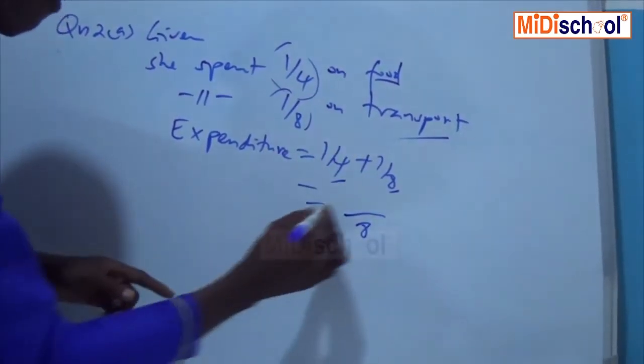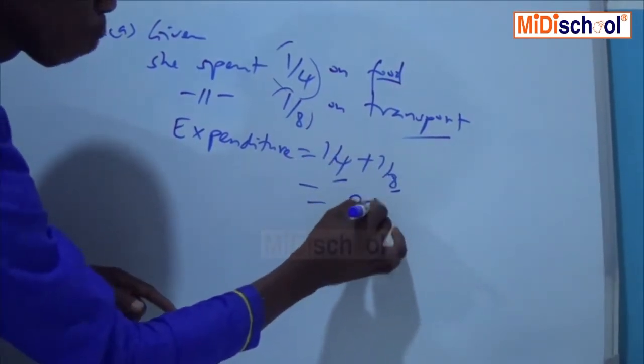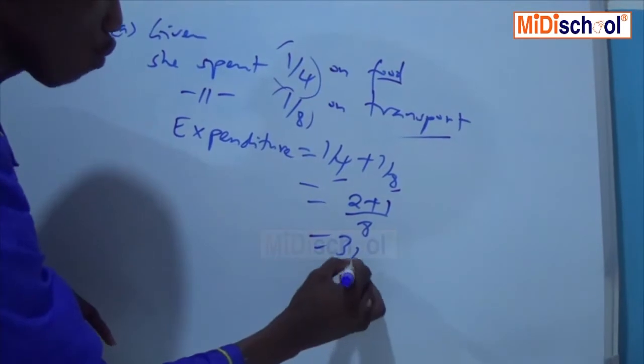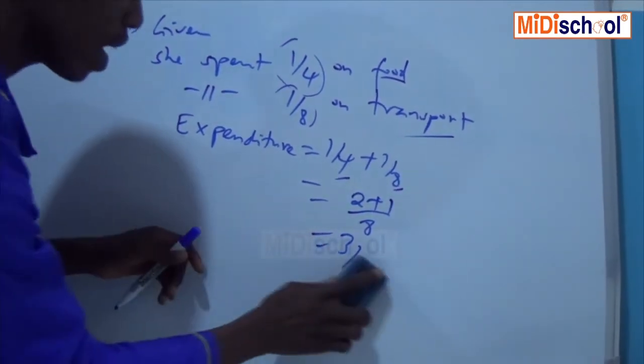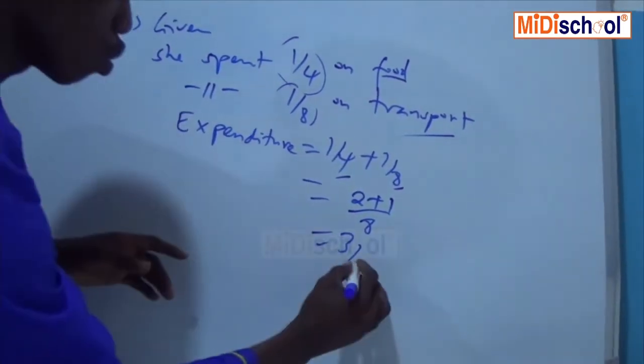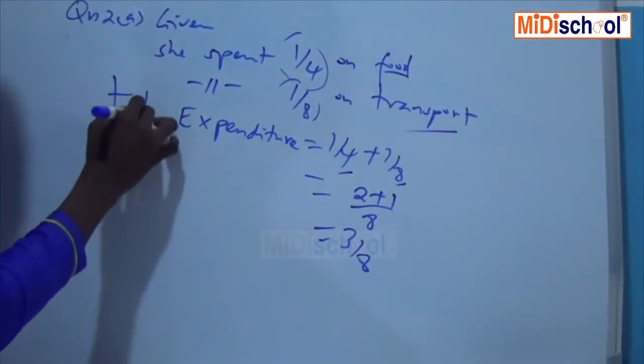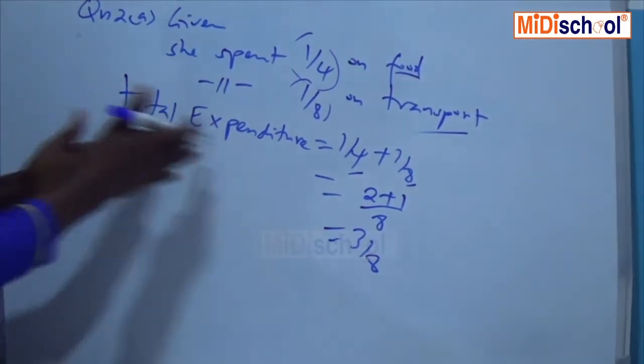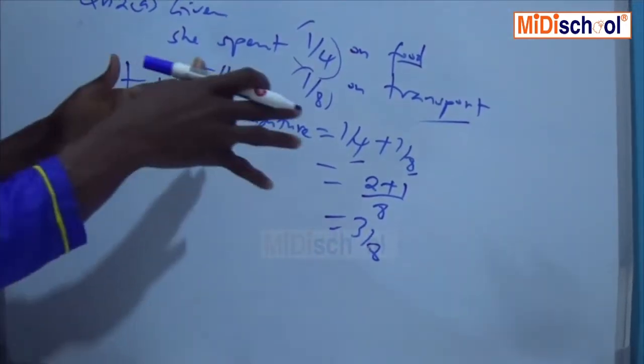So 8 divided by 4 is 2, 2 times 1 is 2, plus 1. So we have 3/8. This is the total expenditure. So after having the total expenditure, we have the remaining.